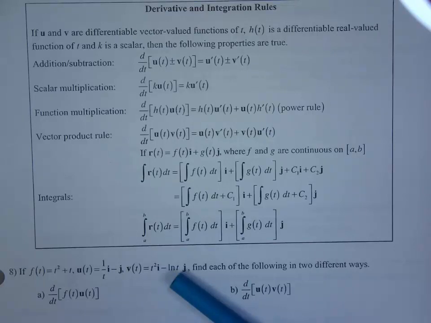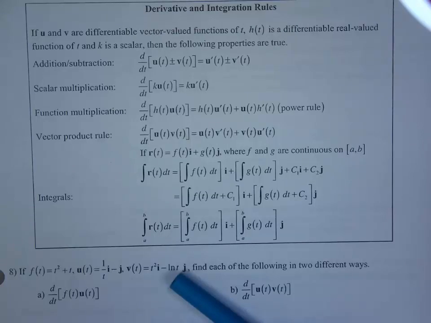Okay? So if you take the derivative of a function multiplied by a scalar, you just take the derivative of the function and then multiply it by the scalar. Okay? It's the same. Remember how we can pull numbers out of integrals? You can pull numbers out of derivatives. Okay.